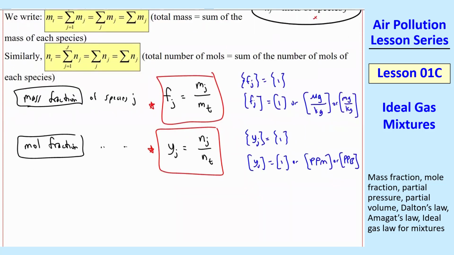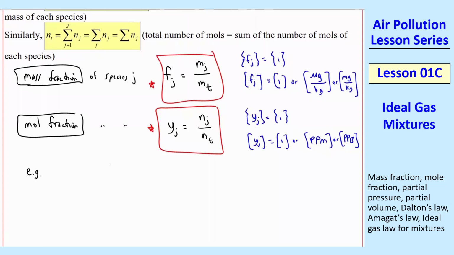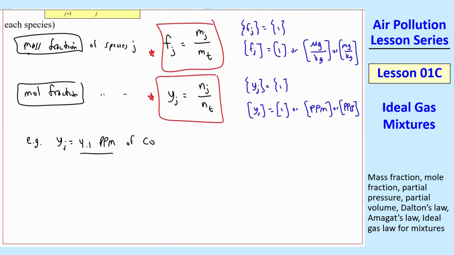So for example, we might have y_j equal 4.1 ppm of some contaminant like carbon monoxide. So suppose we have that. What does that mean? In an equation, you use y_j equal 4.1 times 10 to the minus 6. So ppm is parts per million.